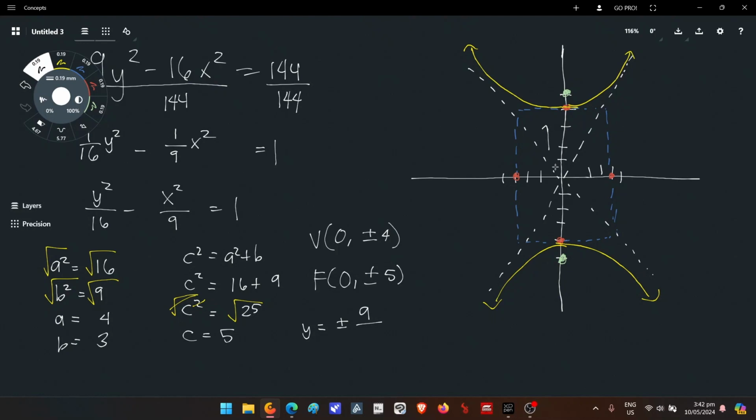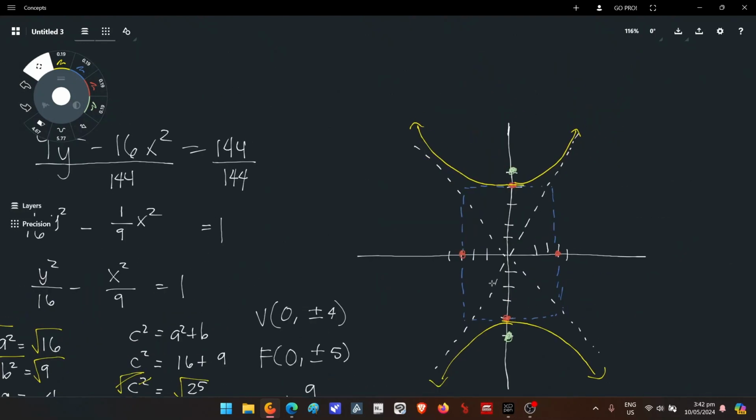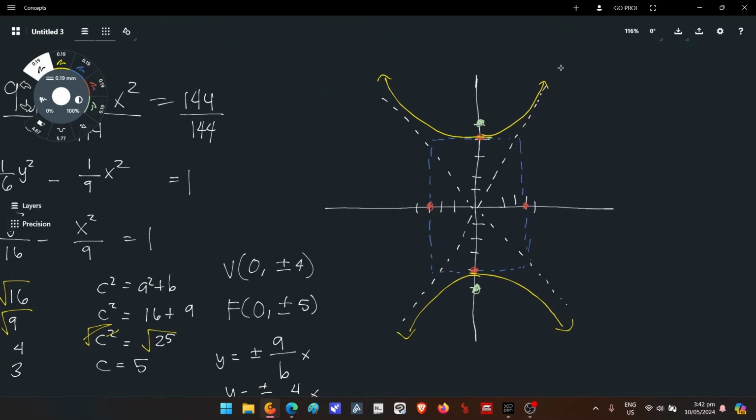Rise is A, 1, 2, 3, 4, and run is B. So our asymptote is 4 over 3x. So this is the positive 4 over 3x and the negative 4 over 3x.